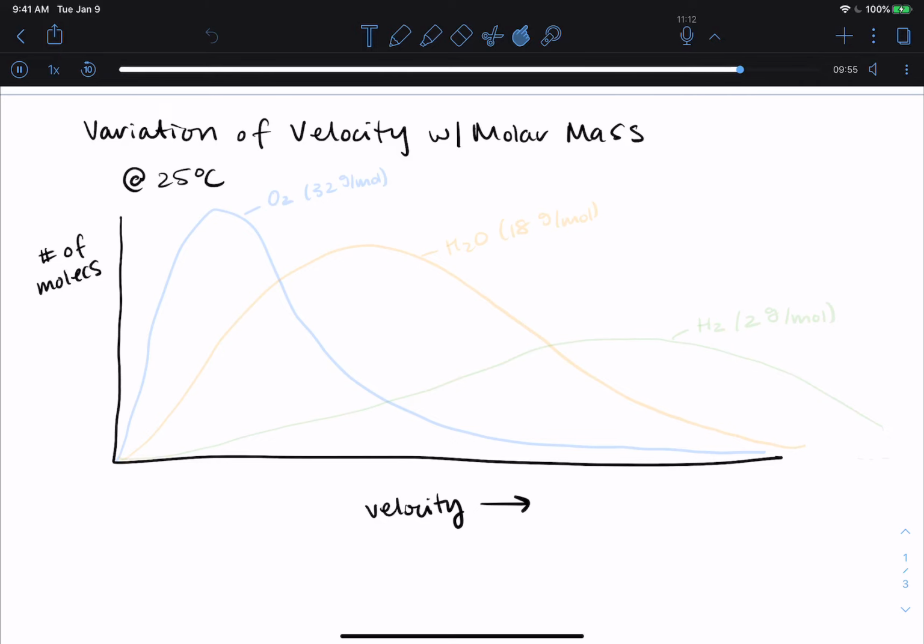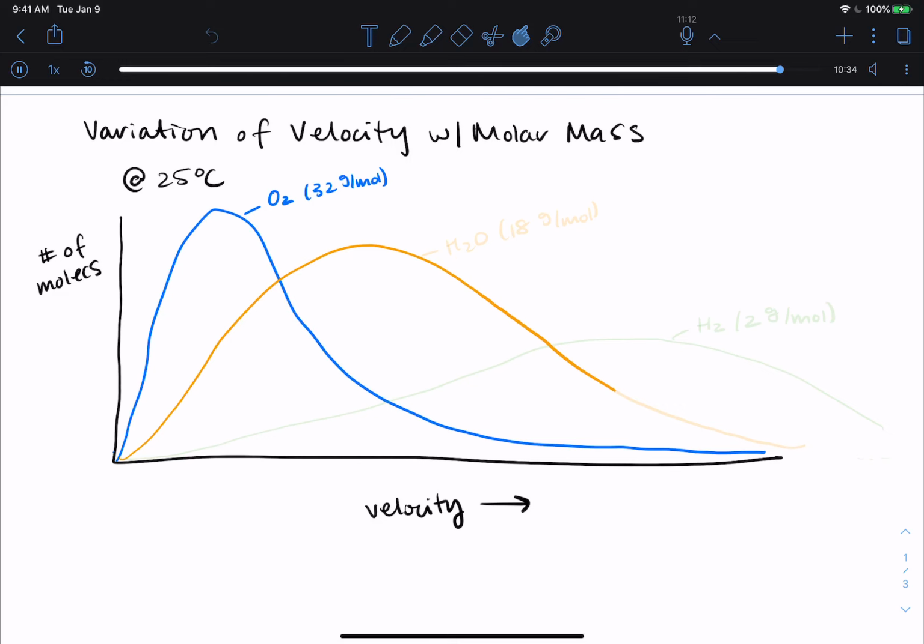So let's get some different colors. And I don't have any numbers on here, so these are all relative to each other. So this first one that I'm going to show you, if I had something heavier than this, it would obviously need to be rescaled. And this plot is for O2, which is about 32 grams per mole. So relative to O2, if I had H2O, which is 18 grams per mole, I should find that it, on average, moves faster than O2.